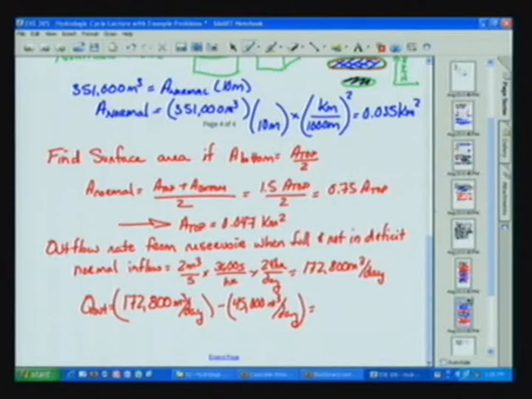So let me put this here, and then we'll have conversions. And that will yield 1.48 cubic meters per second of outflow.